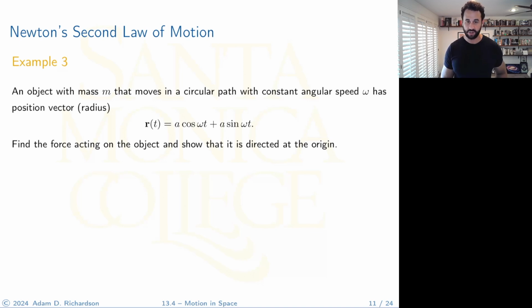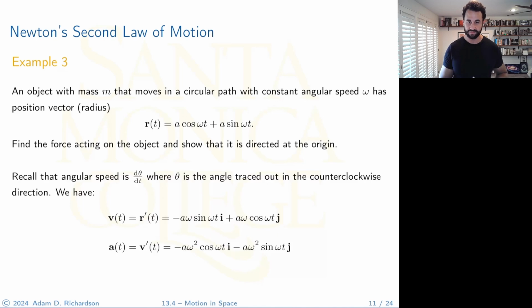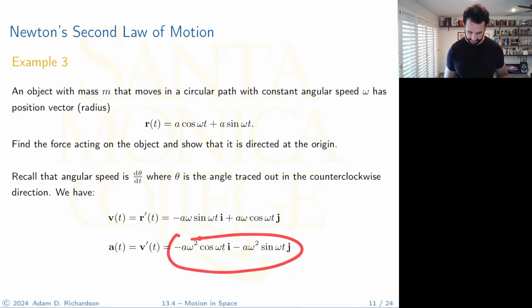All right. So if we want to find the force, we know F equals ma. So we're going to have to differentiate twice, right? We have the position. So if we want the acceleration, we need two derivatives. Here we go. Here's our two derivatives. So this is the acceleration vector. Another thing I should mention here.